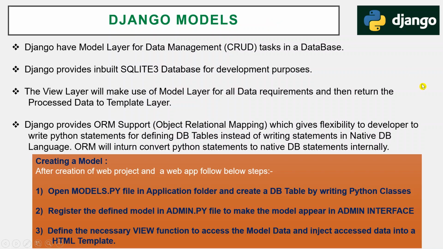And the template layer consists of simply HTML files that have to be served onto the web page. Those two layers we studied in the last classes. Now we will study the model layer.